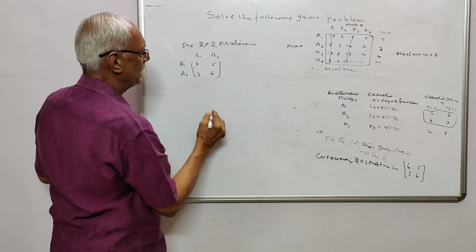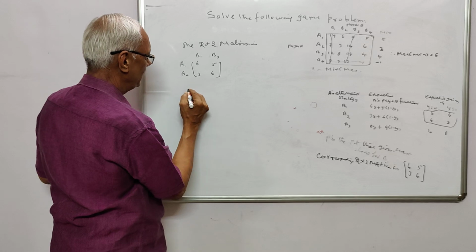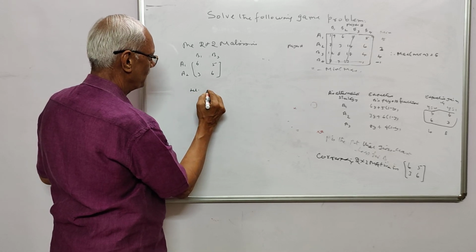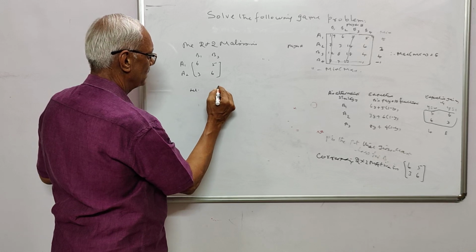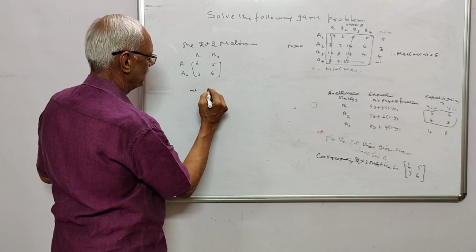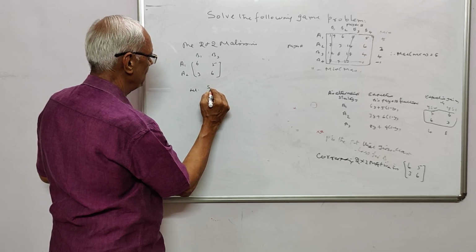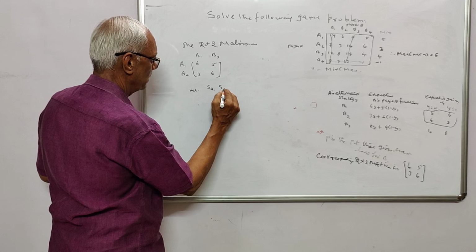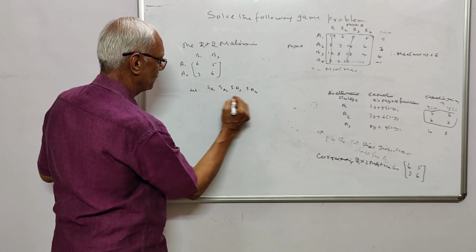And you see that here you go for finding the lambda value. I will write here the strategy of A: SA1, SA2, SA3, SA4.